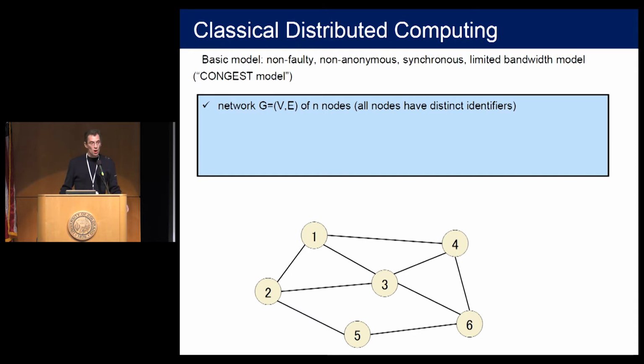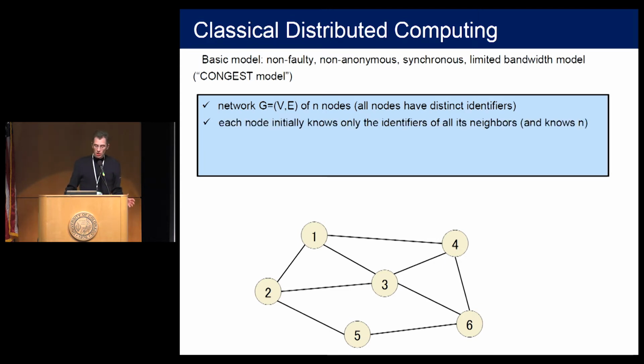So we have a network represented by a graph of n nodes. So in this talk, n will always denote the number of nodes. So the nodes of the graph represent processors, and the edges of the graph represent communication channels. Okay? And we assume that all the nodes have distinct IDs. So for example, here we have 6 distinct IDs, 1, 2, 3, 4, 5, 6.